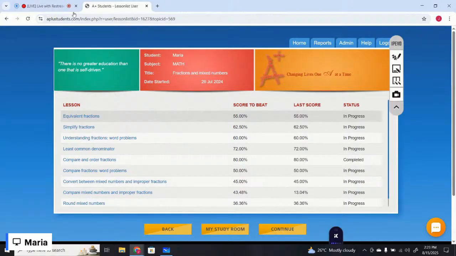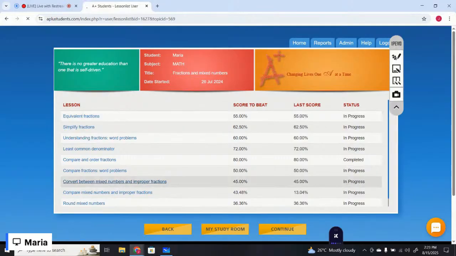The next lesson is convert between mixed numbers and improper fractions.